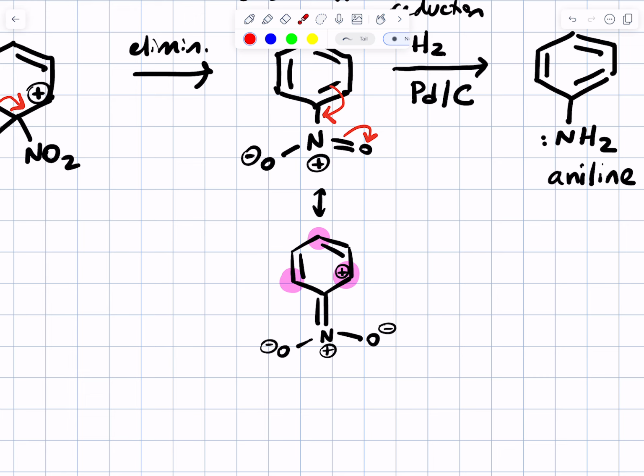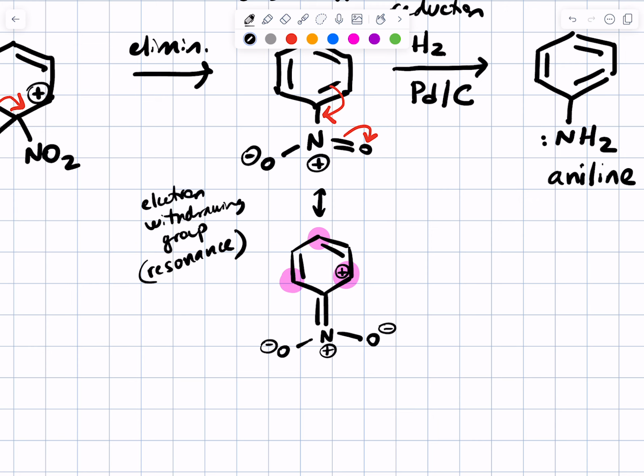We take the electrons in the pi bond, we move them over to the one that has the positive charge. Okay. So we're going to call the nitro group an electron withdrawing group because its effect is that by resonance, it withdraws electron density from the benzene ring.